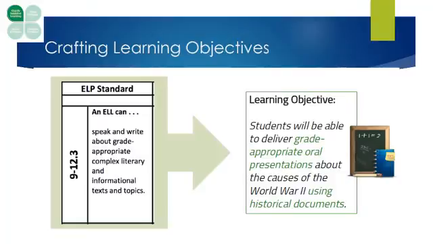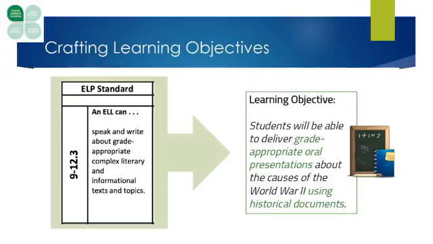For example, we can use the ELP Standard 3 for grades 9 through 12 to illustrate how we can draw from a particular standard when crafting a learning objective. ELP Standard 3 states that a student can speak and write about grade-appropriate complex literary and informational texts and topics.